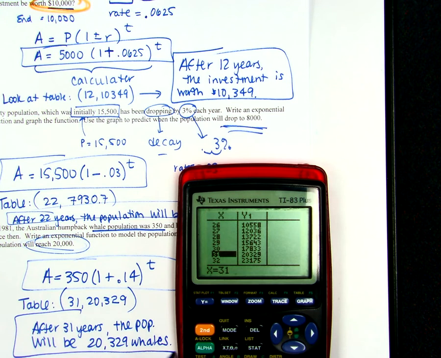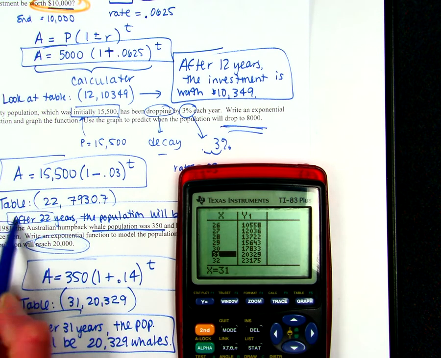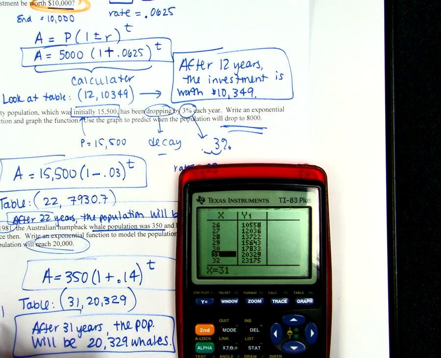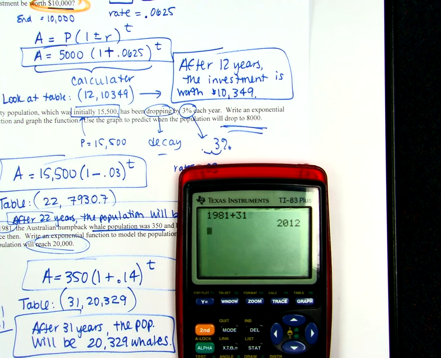Okay? If it asks you specifically what year this is taking place, you need to look at 1981 plus 31. And that tells you in 2012. So it's possible you would have to answer this in 2012, like if it was a multiple choice question.